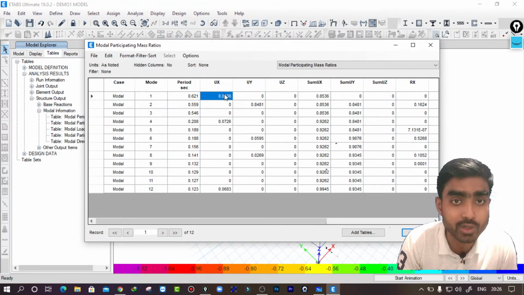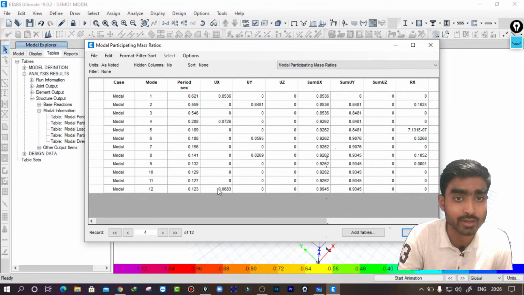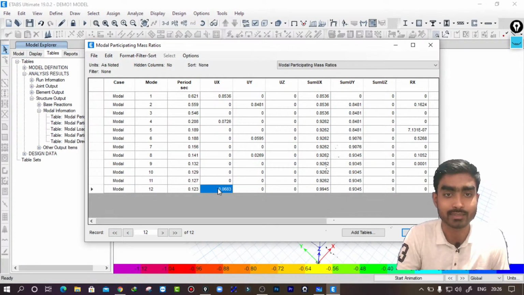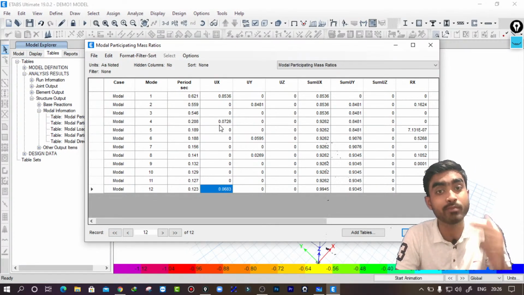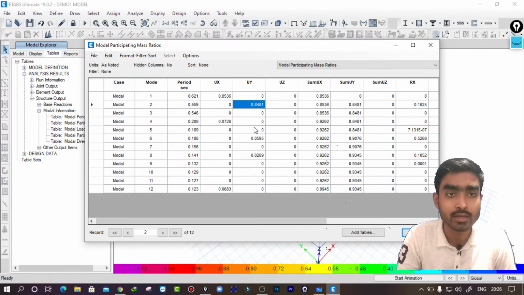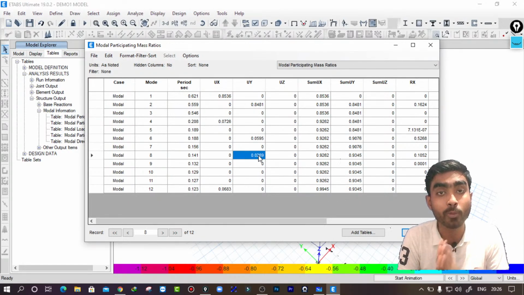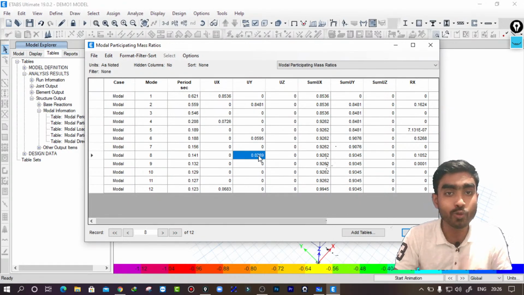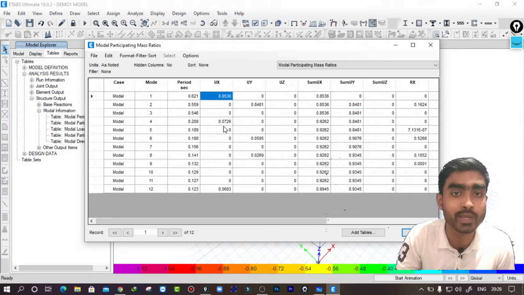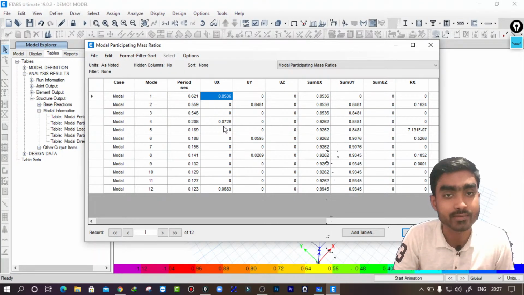Here the first mode is dominating in the x direction, the fourth mode is dominating in the x direction, and again the 12th mode is dominating in the x direction. So these are the first three modes for x direction. And again the second mode, the sixth mode, and the eighth mode are the first three modes dominating in the y direction. So the cumulative value of these modes should be 65%. That's what the code says.